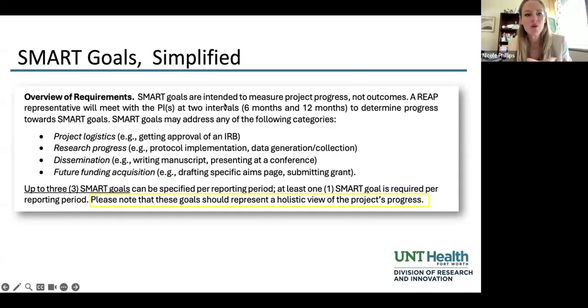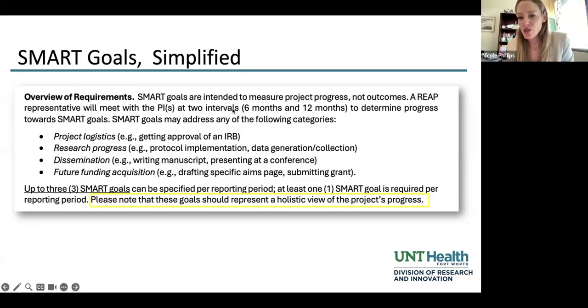So in general, this is some verbiage. I'm sorry, I jumped ahead. This is verbiage from the SMART goal template that I'll pull up in a second and we'll walk through. But of course, we all are familiar with SMART goals and what they entail. We're using them all the time now.